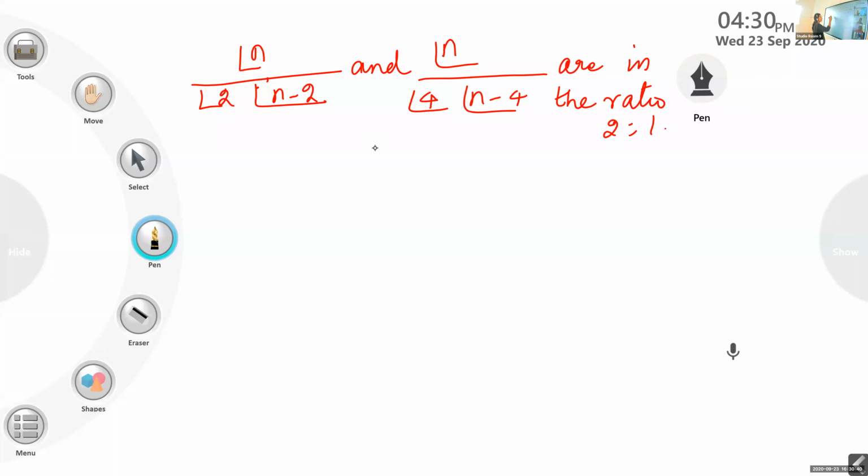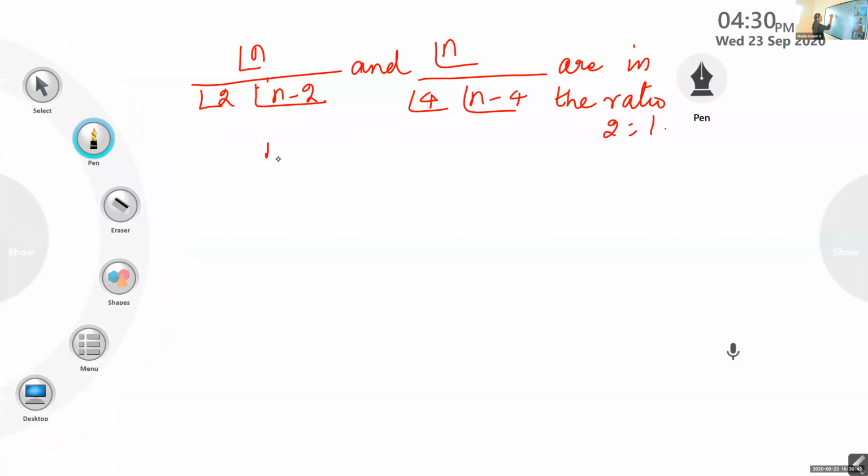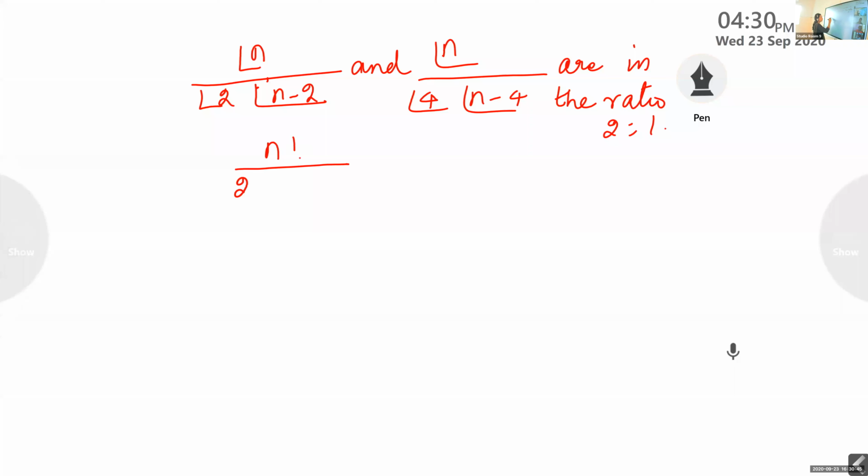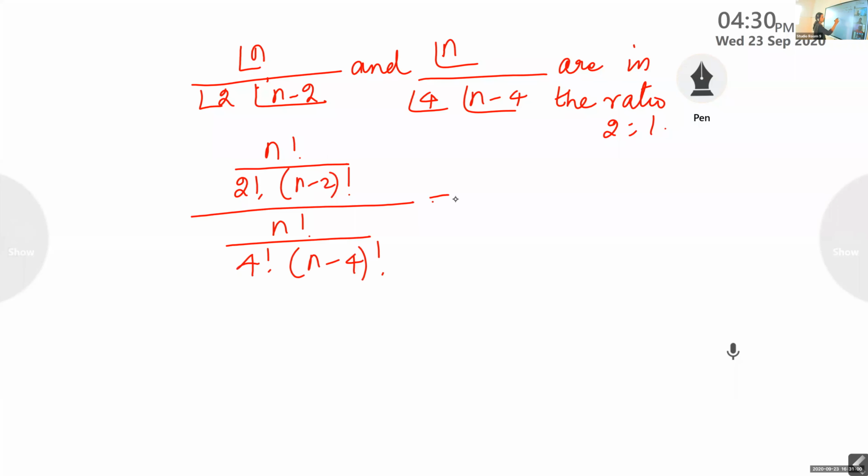So here, what is given? n factorial by 2 factorial into (n minus 2) factorial and n factorial by 4 factorial into (n minus 4) factorial are in the ratio 2:1.